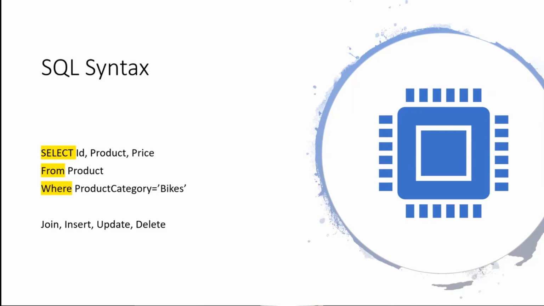When it comes to syntax, you can categorize in many ways. You can have DDL, DML, and other categories. DDL means data definition language. When you create your tables, you define a schema, those are the DDL. But when you do joining, inserting, selecting, update, or delete, that's the DML.